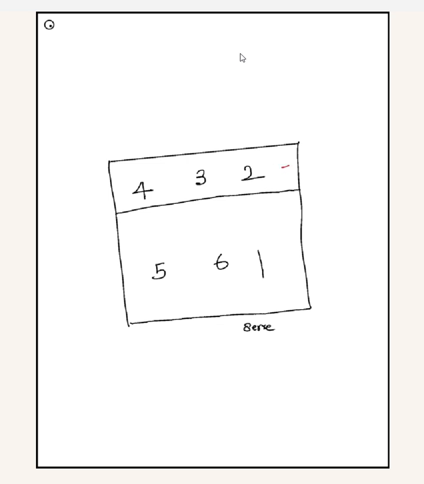Zone 2 is setter, and zone 3 is, I'm calling it, middle hitter. They usually name it middle blocker, but we can term it middle hitter. And this one is outside hitter.